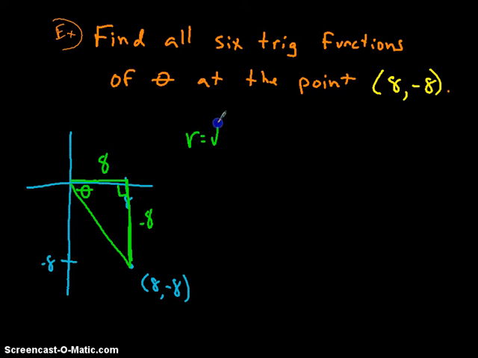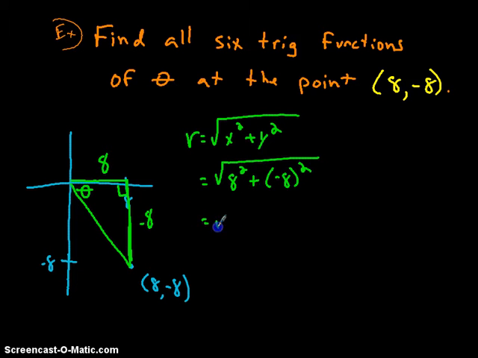Use r is equal to the square root of x squared plus y squared. And if that's the case, it's 8 squared plus negative 8 squared. So r is the square root of 128. You may simplify that. From previous classes, you learned that the square root of 128 can be broken up.